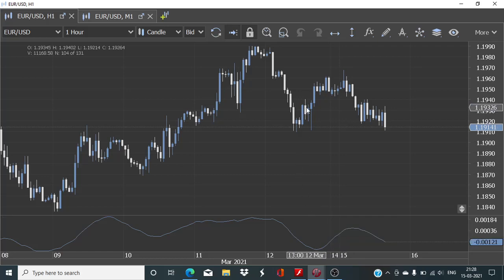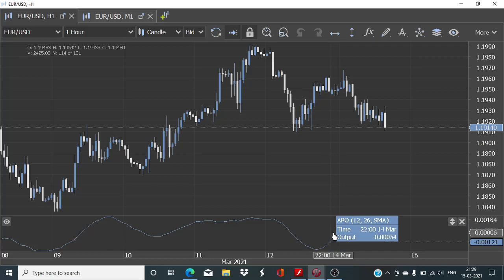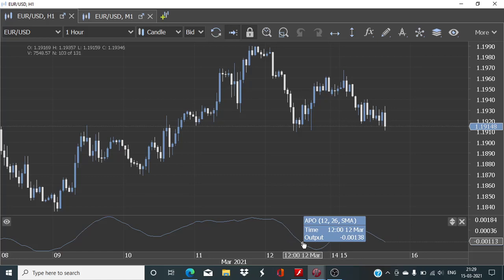So if the moving averages are on the rise, if the price momentum is strong, you will see that the shorter time frame moving average is going to be trending on the higher side, and from that if you deduct the longer time horizon moving average, you will get a positive value. So you have the positive values whenever the momentum is strongly on the bullish side, and negative values whenever we have the bearish momentum for the underlying instrument.